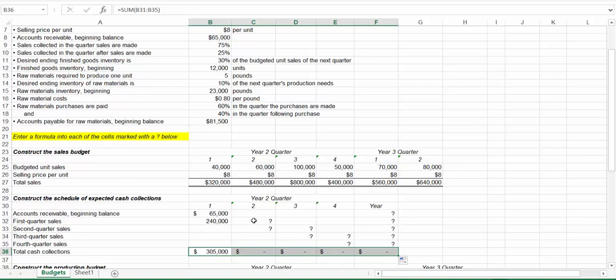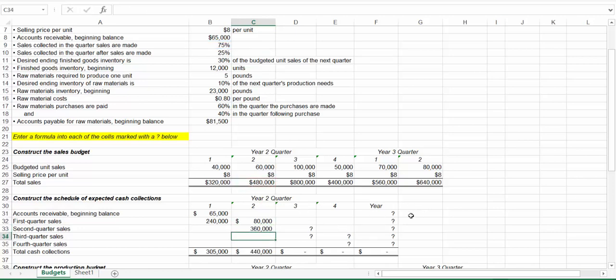Let me do one more. Here we're going to have the other 25% of the first quarter sales. So this is equal to first quarter sales times 25%. And then the second quarter sales, 75% of the second quarter sales will go here.